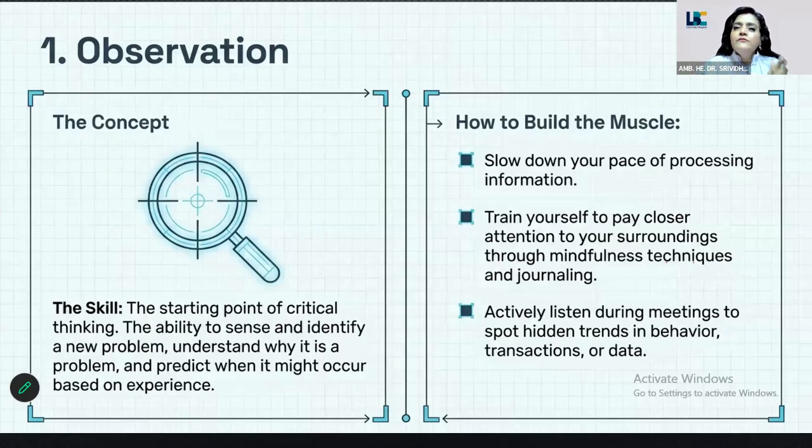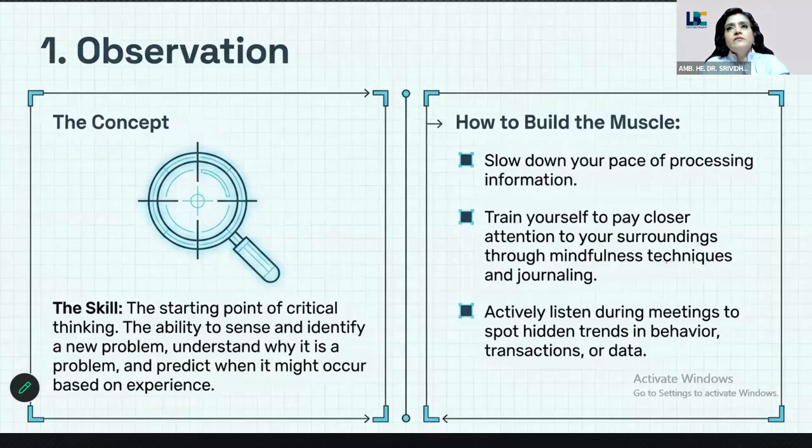If you have identified that the child has a problem with observation, then what you can modify is to slow down the pace of processing the information. Train yourself to pay closer attention to the surroundings, using thoughtful mindfulness techniques, etc. Actively listen. Make the child listen and spot hidden trends in behavior, transactions, or data processing. So this is what we can help with.